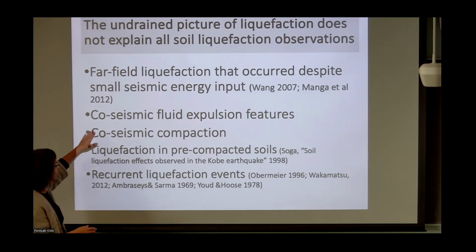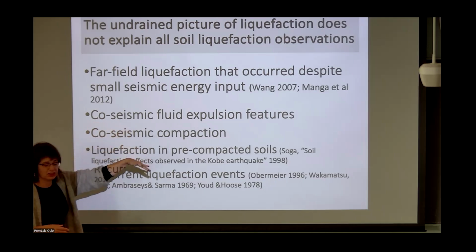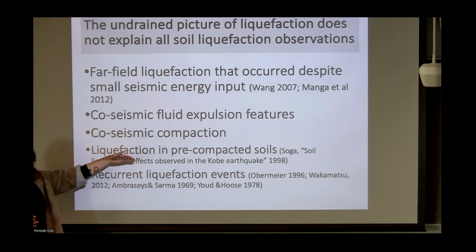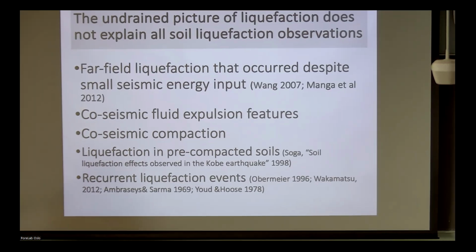Then undrained liquefaction does not explain co-seismic fluid expulsion, and it does not explain co-seismic compaction. And it doesn't explain liquefaction in pre-compacted soils. Well, in Kobe, I should say how people make landfills now, especially in Japan, like in Kobe.